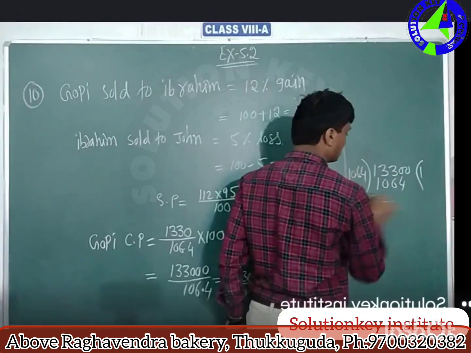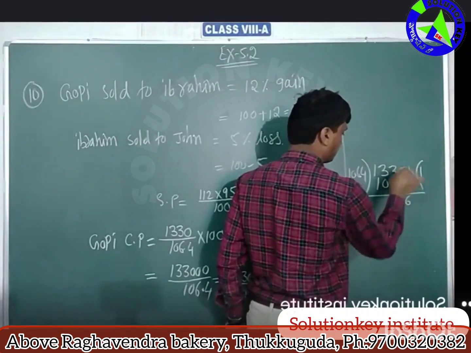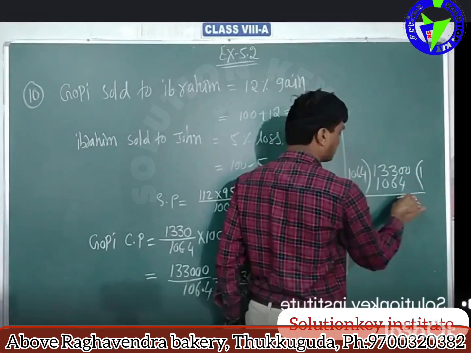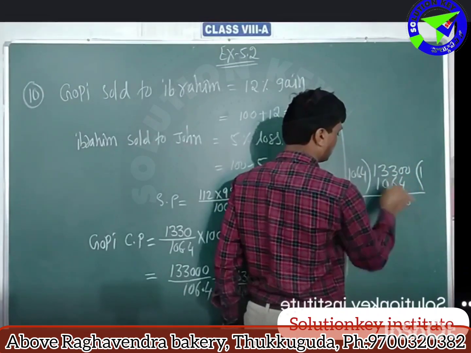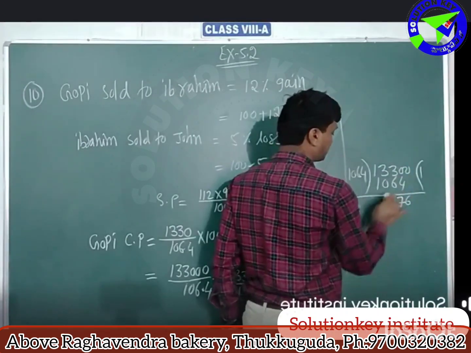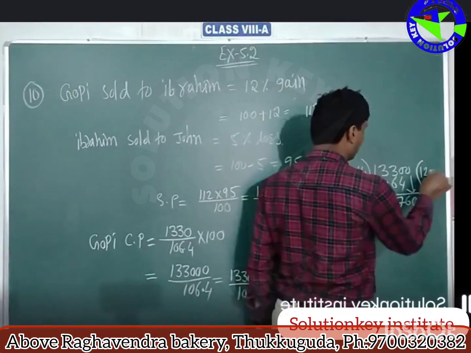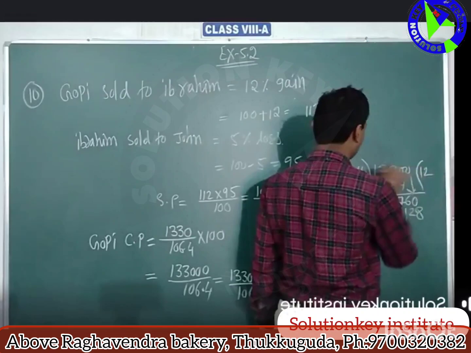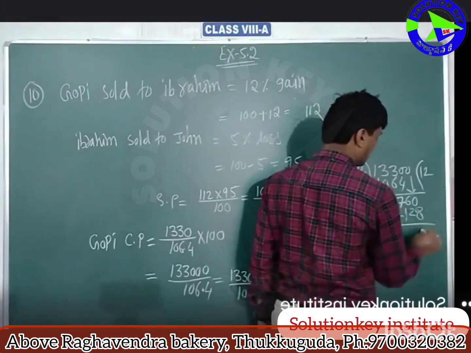1064 times 6 is 6384, 13 minus 7 we have 2 only. Taking 2 times 4 is 8, 2 times 6 is 12, 2 times 1 is 2, so it is 2.